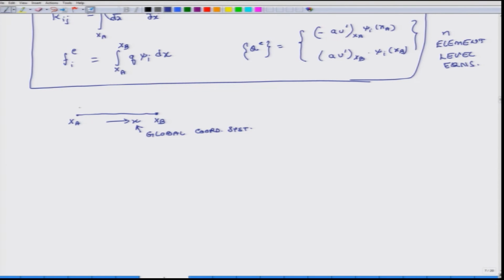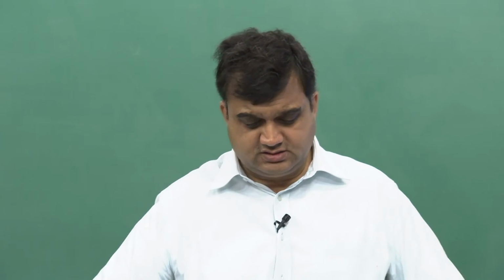Then I develop another coordinate system and I call it x bar, and this is the local coordinate. This local coordinate system is valid only for the eth element. Beyond the eth element it does not matter, it is purposeless.